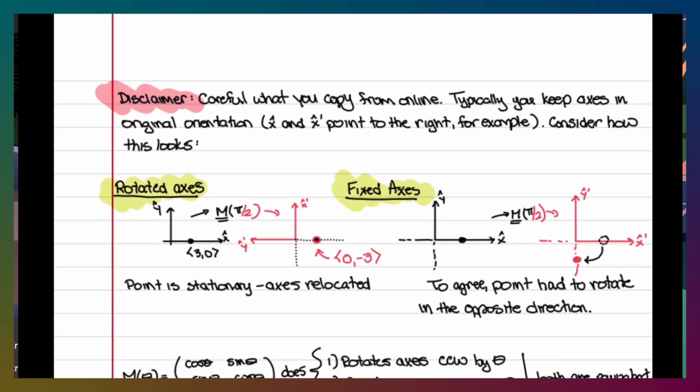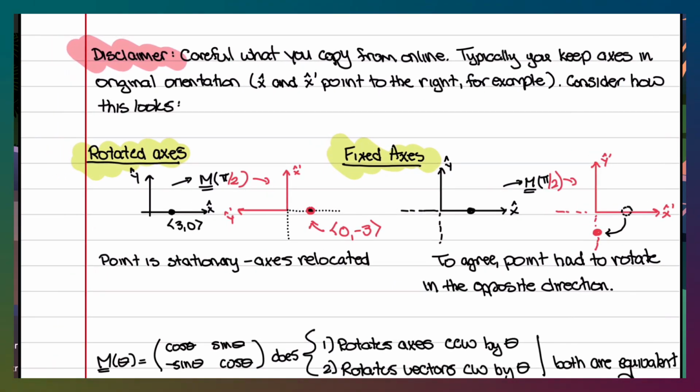So, for example, this set of coordinates rotated by 90 degrees becomes this. This becomes that, and that rotates into that, if you want to think of it that way. So, rotating the axes.